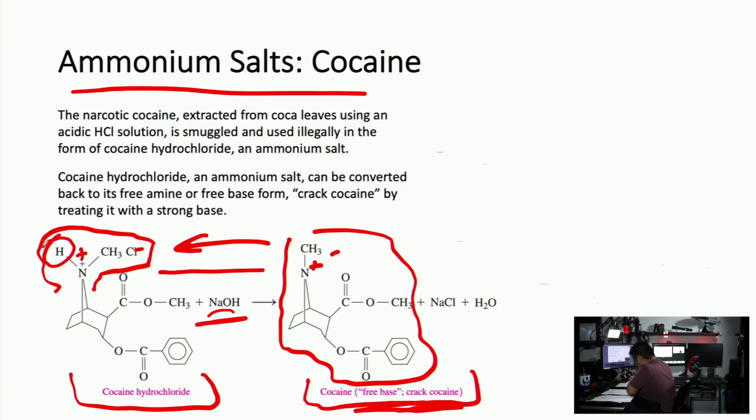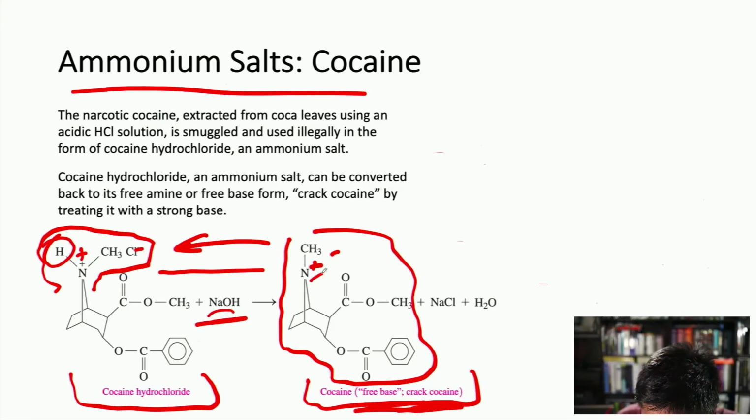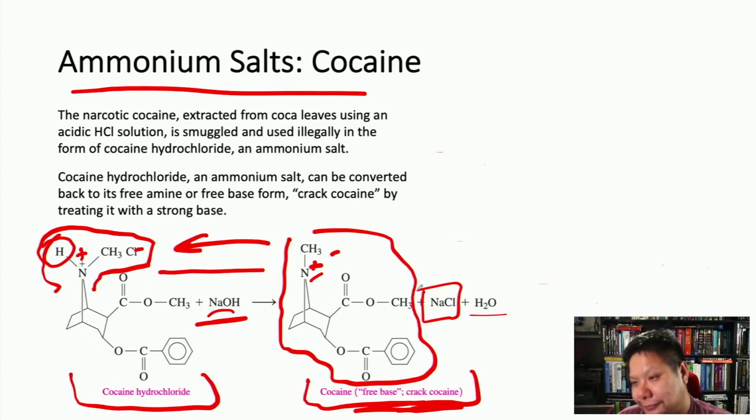After it takes off the proton, you lose the plus charge on the nitrogen, and then the proton goes over to the hydroxide, making the water from the sodium hydroxide, and then the chlorine combines with the sodium from the sodium hydroxide, making salt, and so then you're left with the crack cocaine plus salt plus water. But yes, that's the difference.